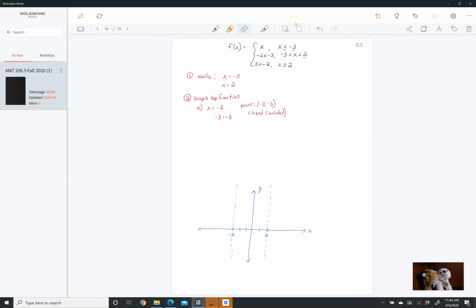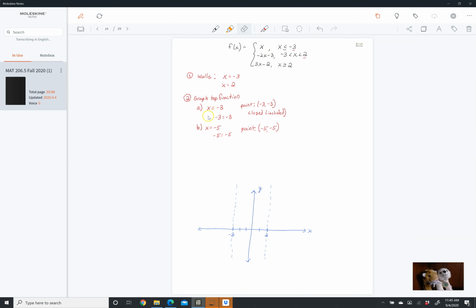Okay? Then you're going to plug in a second point. So it could be any point that's less than or equal to -3. So let's do x equals -5 and -5 equals -5. So our point is -5, -5. Okay, so keep that in mind, that you only have to worry about closed or open on the walls. And for every single function, you're going to be plugging in whatever their walls are.